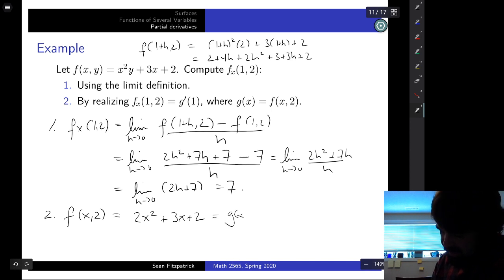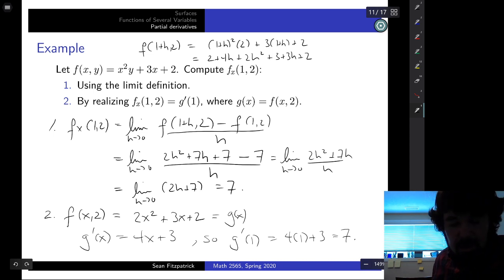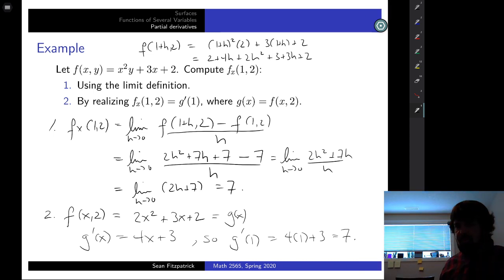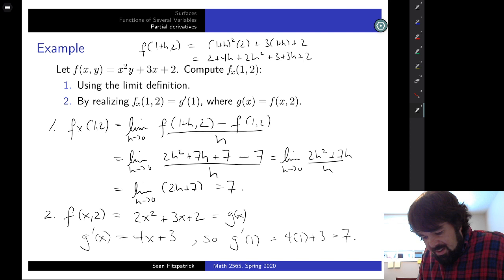So let's call that g of x. Then g prime of x would be 4x plus 3. So g prime of 1 would be 4 times 1 plus 3, which is 7. And of course, option 2 is easier, right?